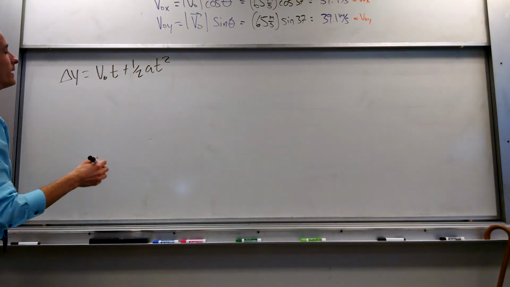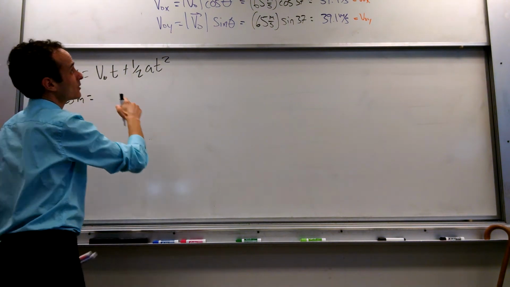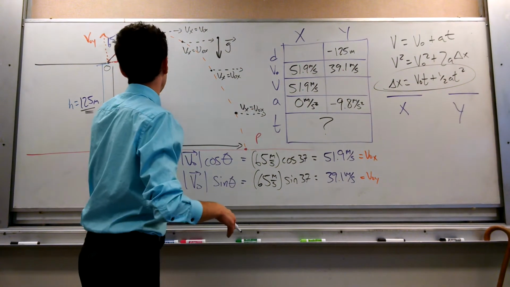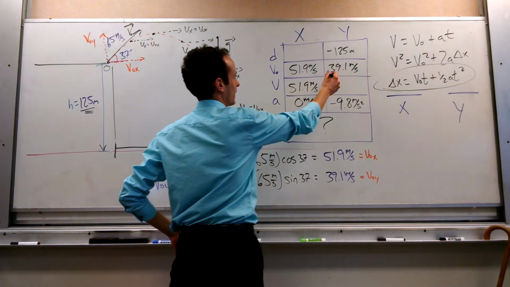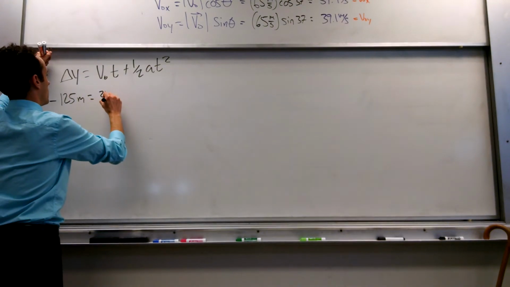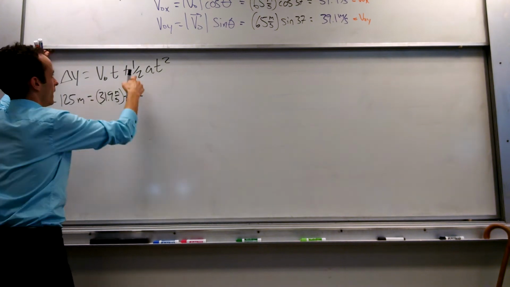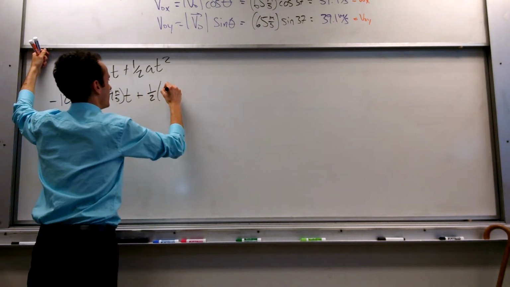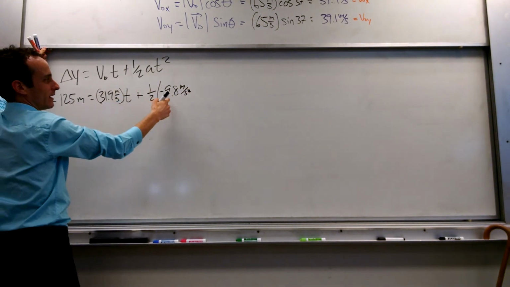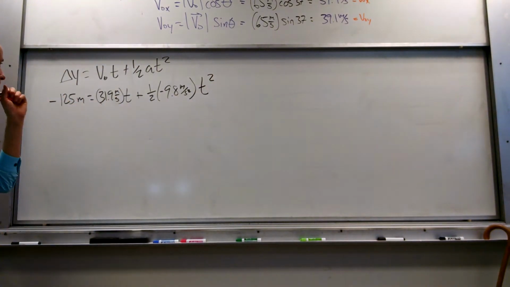So my delta y is equal to negative 125 meters, which equals my initial velocity, the y component of my initial velocity, is 31.9 meters per second. T is my variable. And then I have 1/2 times negative 9.8 meters per second squared, my acceleration along y. And then now t squared.